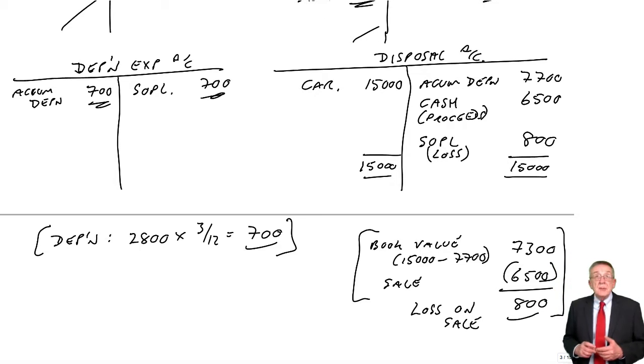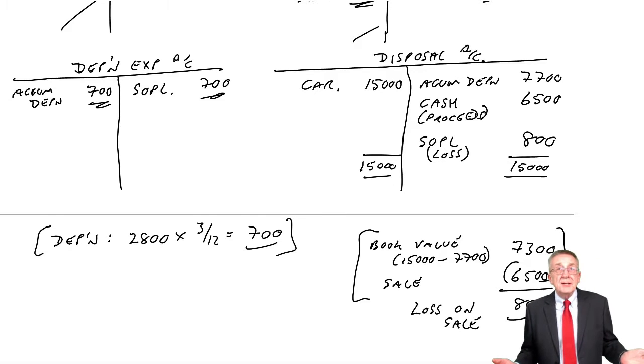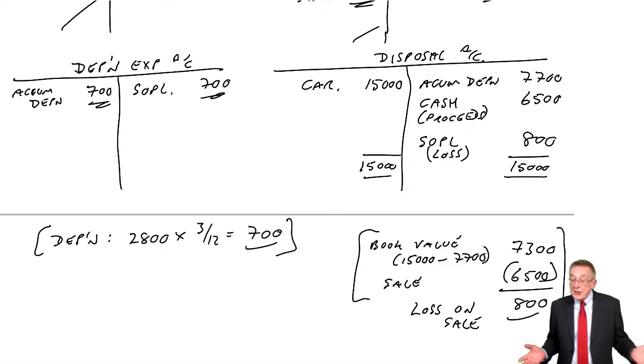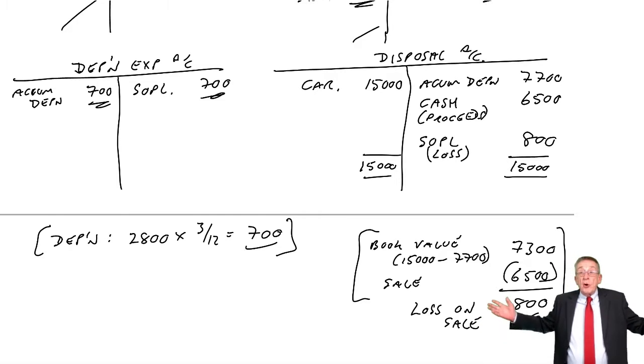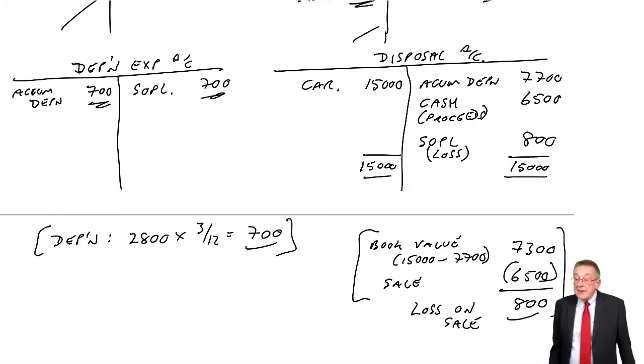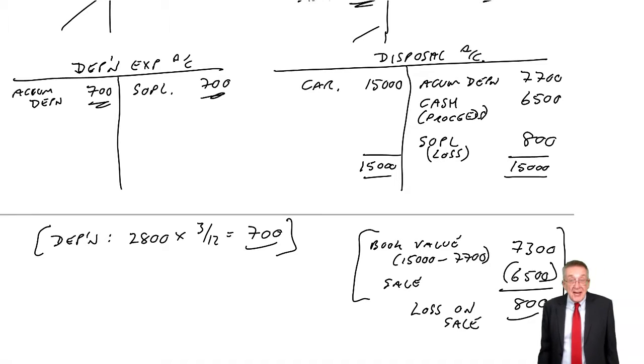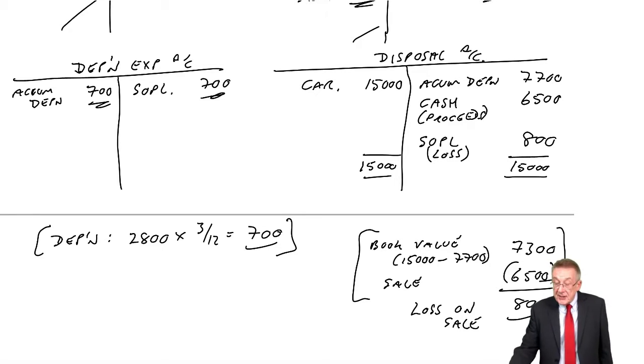Now, several things before I leave this. First of all, the cash proceeds. I mean, the car may disappear for lots of reasons. Could be simply we sold it. Well, there we are. We sold for 6,500. It could be that the car we'd just thrown away, destroyed. No problem. In which case the proceeds would be 0, and the missing figure, the loss on sale, would obviously be higher.